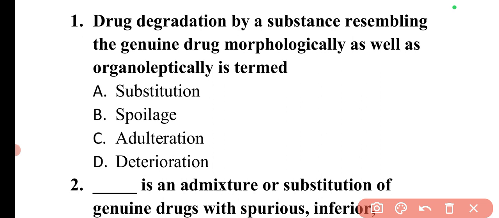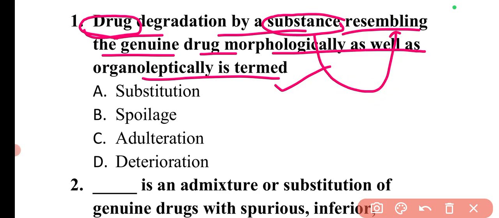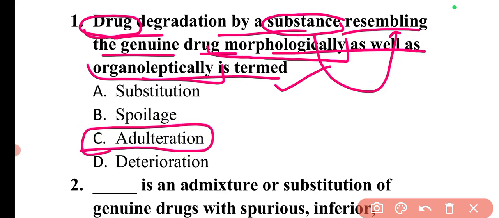The first question is, drug degradation by a substance resembling the genuine drug morphologically as well as organoleptically. If the drug is being degraded by the addition of any substance which resembles the genuine drug, with morphological and organoleptic properties somewhat similar to the original drug, this is called adulteration.